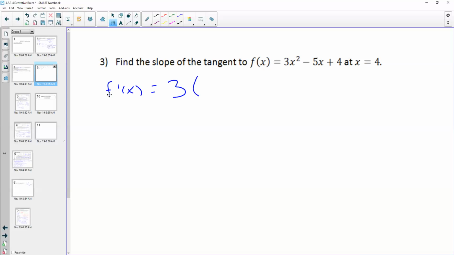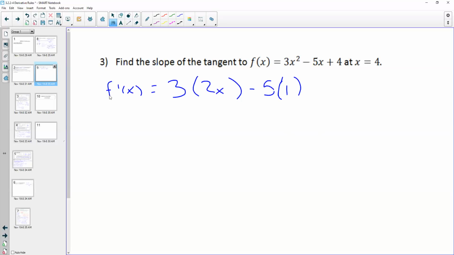The derivative of x squared will just be 2x minus 5. The derivative of any number that is attached to the x, remember, will just be the number. Okay. I was going to put a 1 in there because x to the 0 is 1, but it's the same thing. Okay, and then the derivative of a number is just going to be 0.